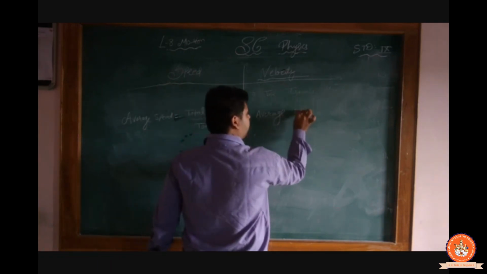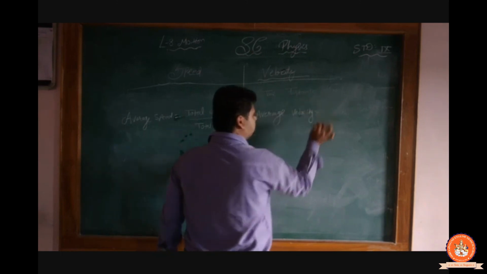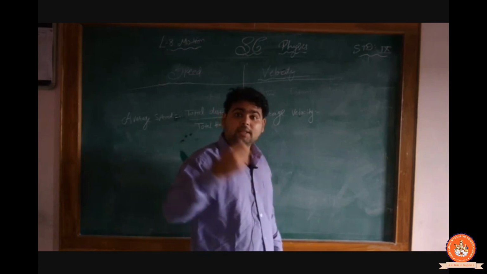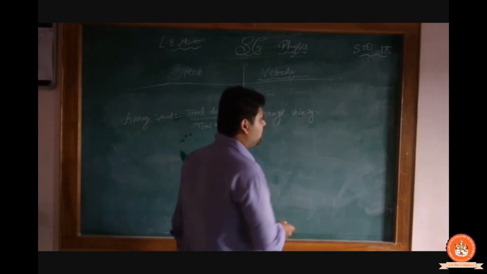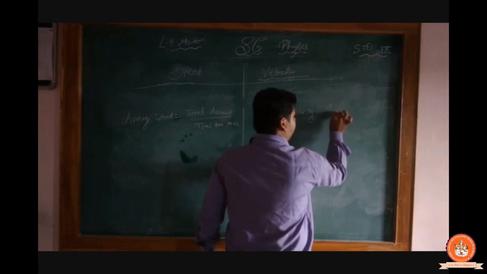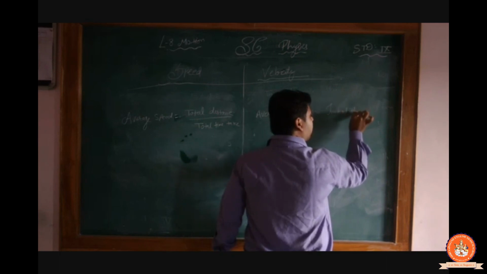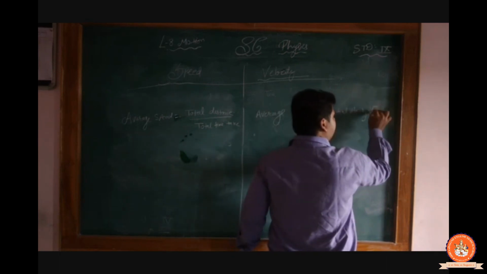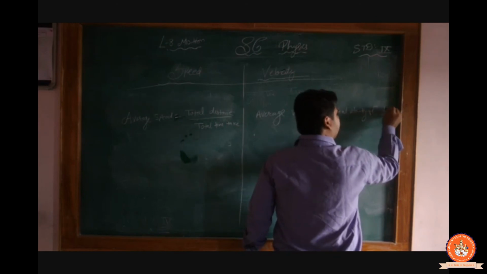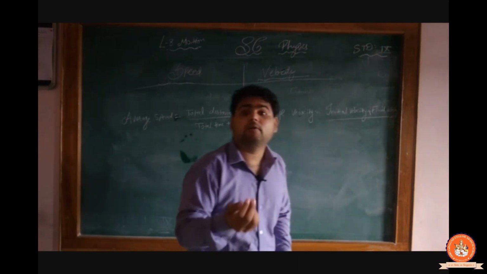On the same time, average velocity means what, sir? It's simpler than the average speed. Sir, how? You just take the initial velocity plus final velocity, divided by 2, you just take out the mean.